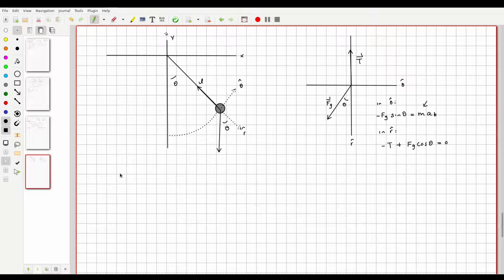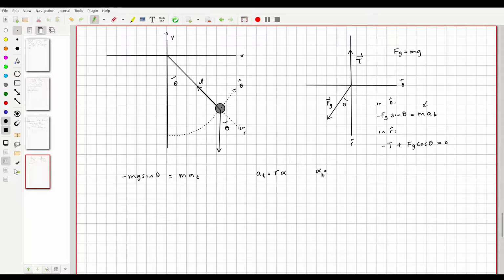If I go ahead and point out the fact that the weight here is just m times g, it would be minus mg sine theta is equal to m times a sub t, the tangential acceleration. But look, the tangential acceleration is just r times alpha.